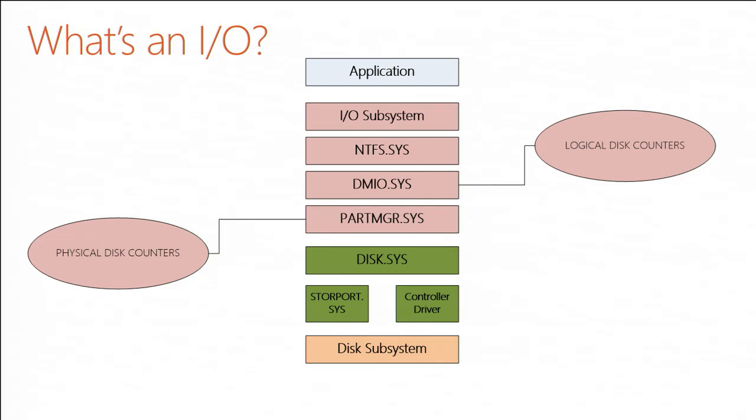And the partition manager will actually mount the physical disk. Right? So if I open Perfmon and open logical disk counters, I'm looking at the MountMgr. If I open physical counters, I'm looking at partition manager. And look, Storport is right down there.